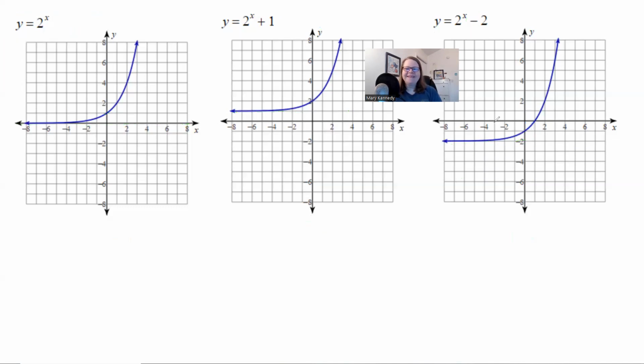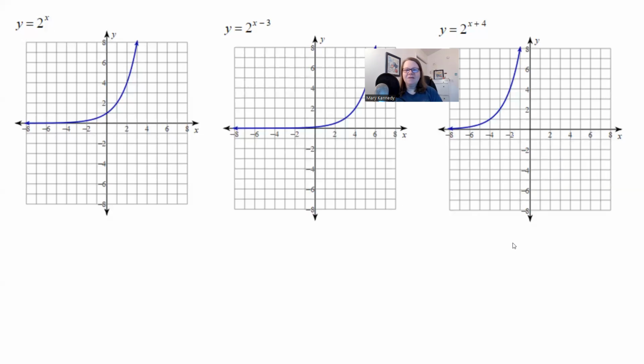Okay, let's take a look at one more shift, and that is shown here. All right, so we've got our same shape, right? But we definitely have it moved over. And so I see that a difference here is that I've got x - 3 and x + 4 in the exponents.